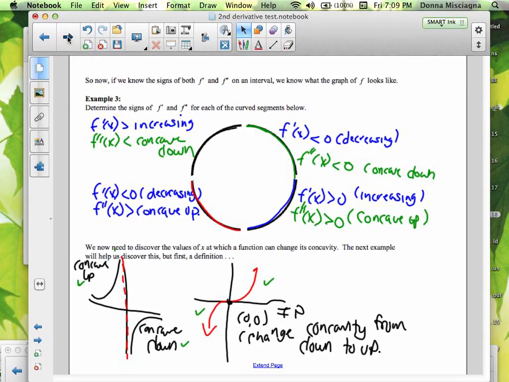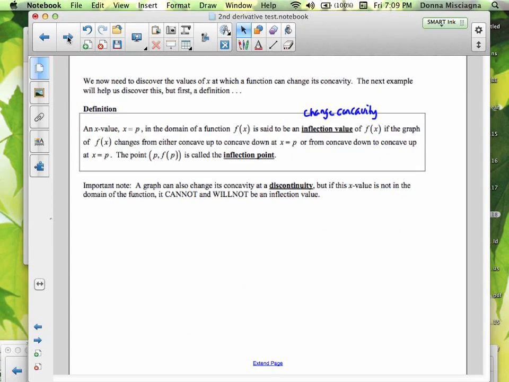So we have a definition for us. Now we need to discover the values of x at which a function can change its concavity. An x value, x equals p, in the domain of a function f of x, is said to be an inflection point of f of x if the graph of f of x changes from either concave up to concave down, or from concave down to concave up at x equals p.